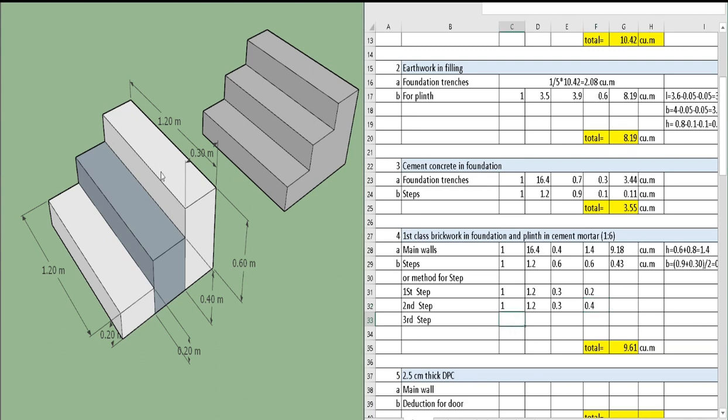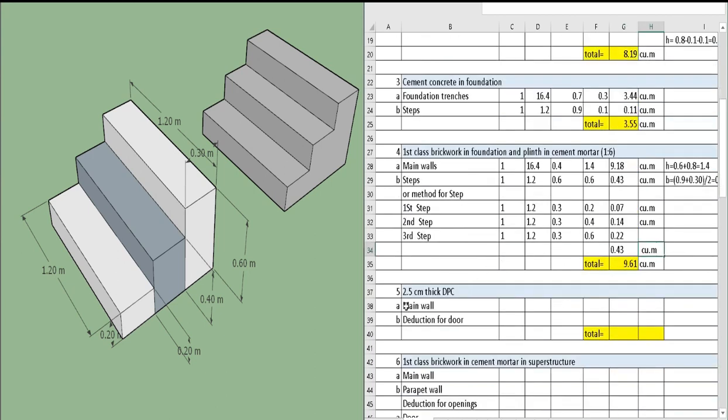Similarly, this third step is of length 1.2 meter, and breadth is 0.3 meter, and the height is 0.2 plus 0.2 plus 0.2, that is 0.6 meter. So when we calculate all these quantities for these 3 steps, we get this quantity, and when we add all these 3 quantities, we will get the same, that is 0.43 cubic meter.